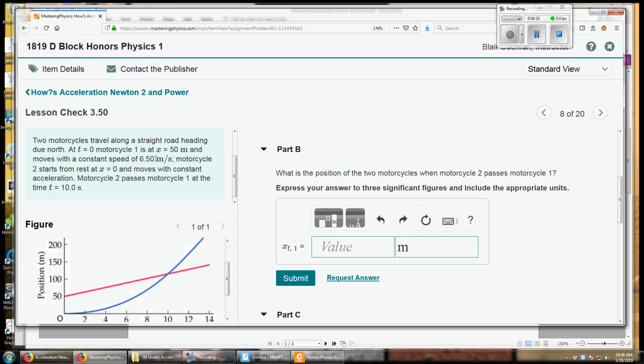At time 0, x is at 50, constant speed; 2 starts from rest, constant acceleration, time 10. I know lots about time and velocities and accelerations, and I want to know about distance.